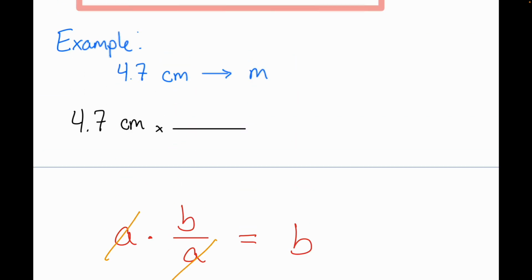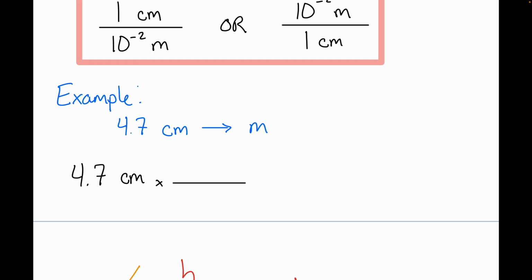Just like if I had A times B divided by A, what does this equal? The A's cancel out, and I'm left with B. Same exact thing for units. So I want to pick my conversion factor such that centimeters are on the bottom and meters are on top. That will allow me to cancel out the units I'm trying to get rid of and leave units of meters left over.